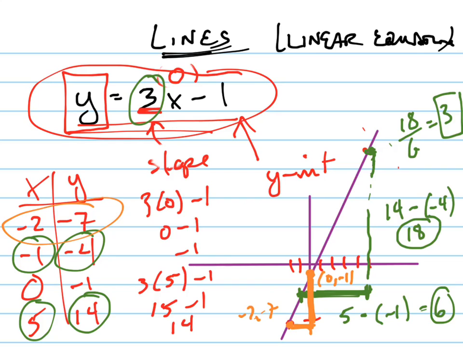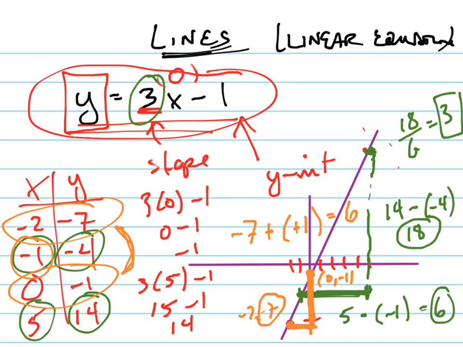Not 7, I'm going from -7 to -1, which is 6. I'm using these 2 points right here. The formula for that is you subtract them. -1 minus a -7, and what's minus a negative? It's plus a positive, so that equals +6.